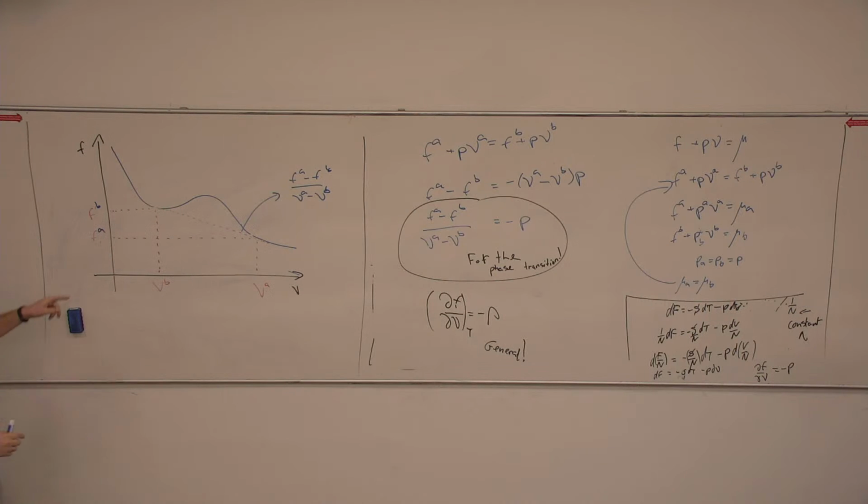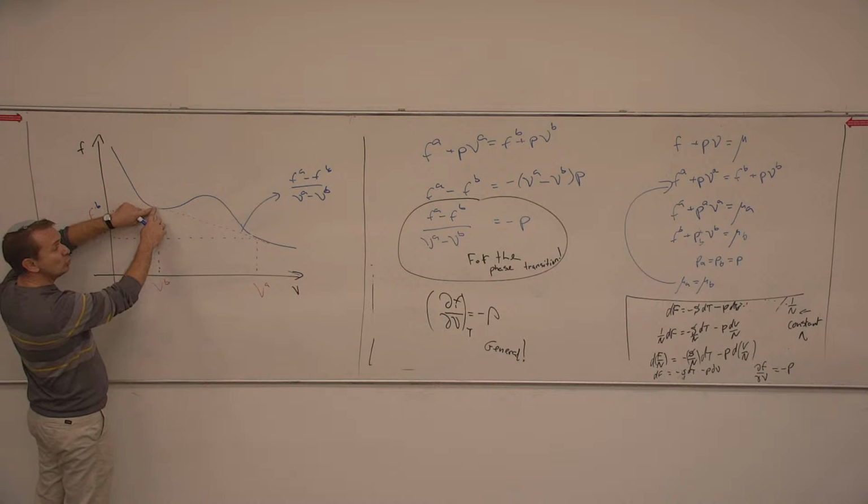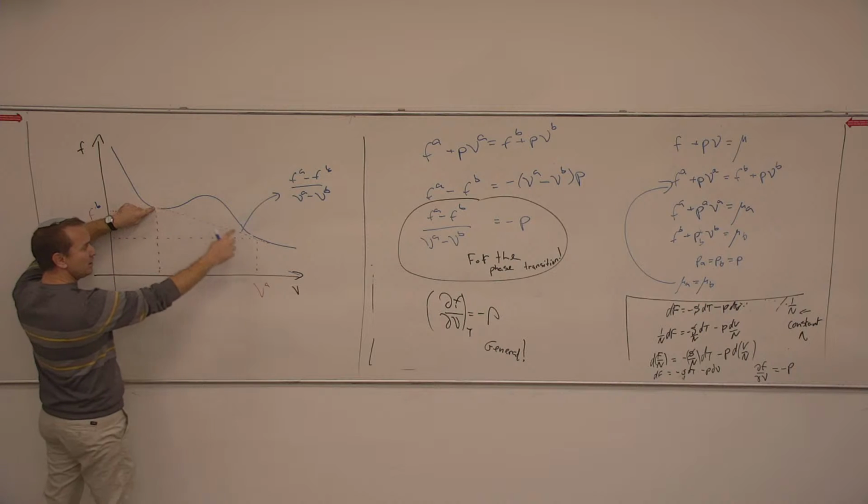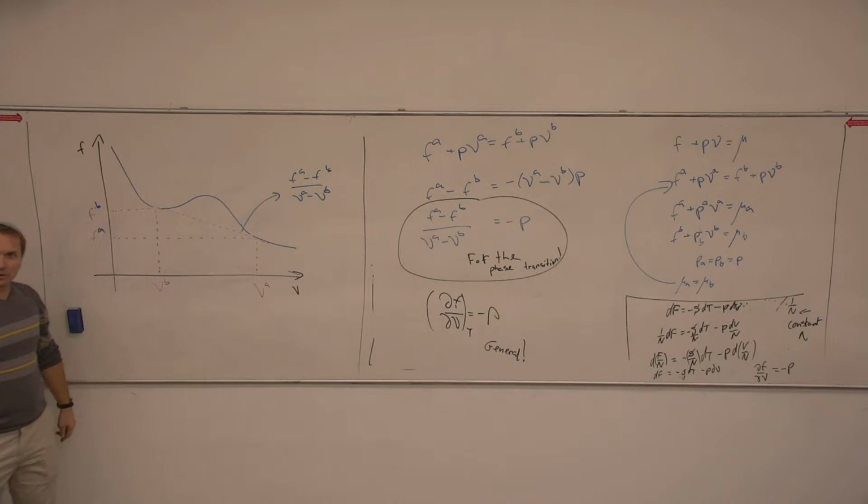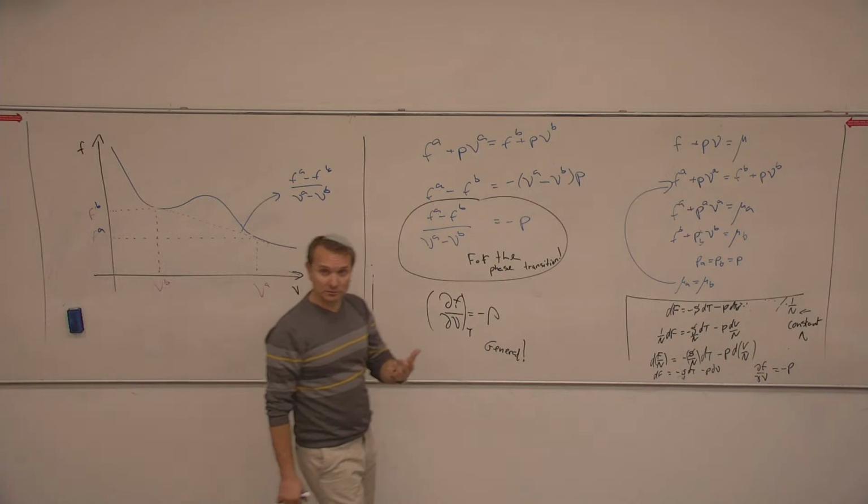This is fine. But also, the slope of the function itself is going to be exactly the same at this point and at that point. Okay? So this is the criteria for the phase transition.